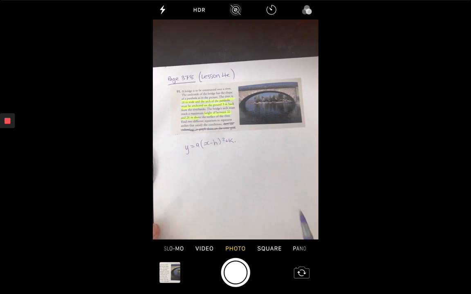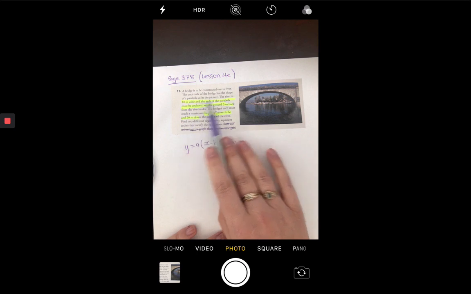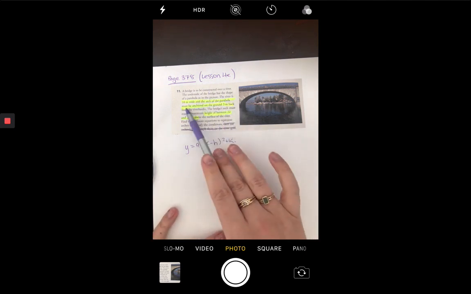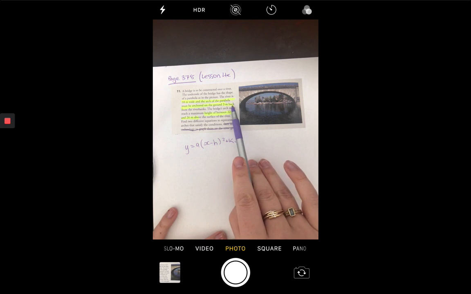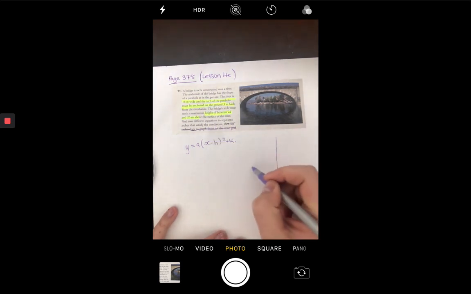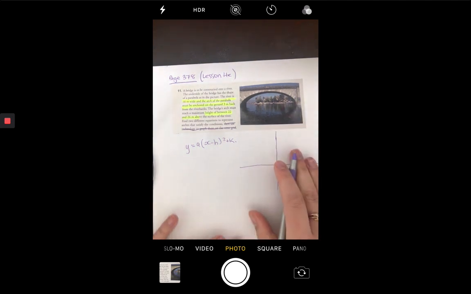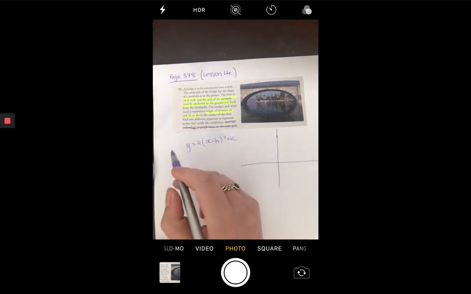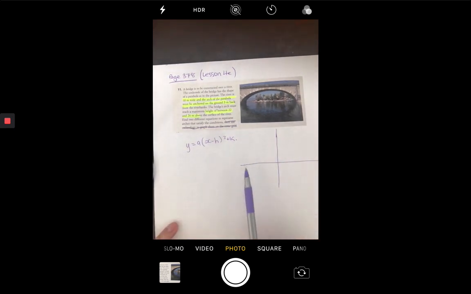All right. So looking back at our question, we know that our bridge is 18 metres wide plus 3 metres on either side. Okay, so if we imagine our graph here, our x on our graph is going to be the width of our bridge.